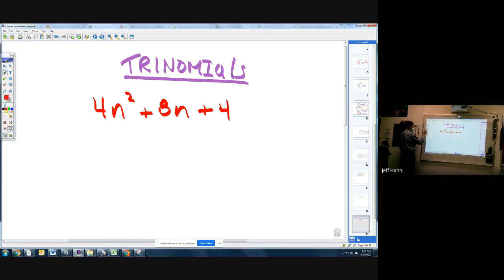Okay, ladies and gentlemen, as I told you before, you did the simple basic trinomial factoring. Now we get into some that get a little bit more in depth.